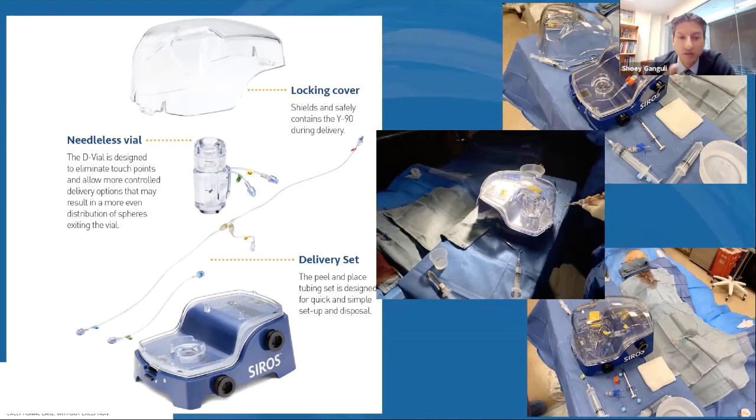When you inject, there's a vortex that occurs within the vial, and so you get more even distribution of the spheres. And it's rolling out right now. I know there have been a lot of people using it, and we've used it, and I think it's very smooth. It's making the delivery very easy, and I think it's another nice addition to what we do.